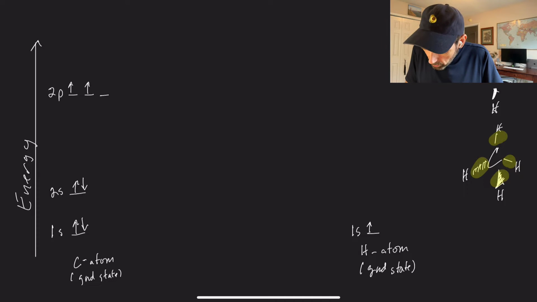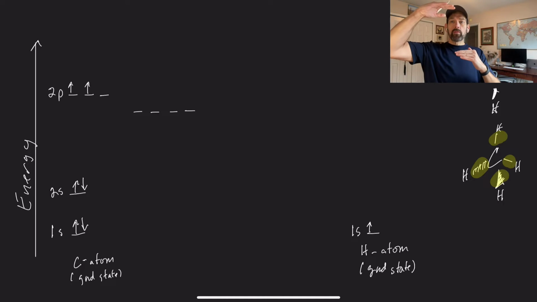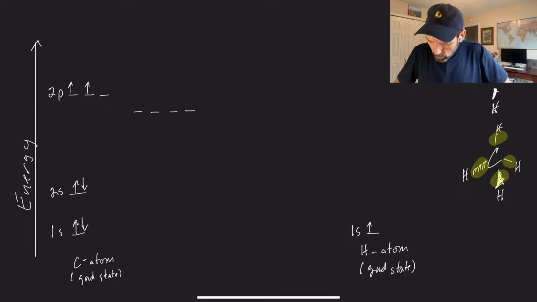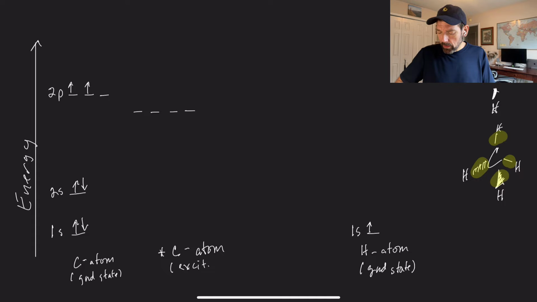So if we were to put 4 regions of space right here, and notice I'm coming down from where the p is, because some of the p's up here have come down a little bit, and this s has come up. So now we have what is called an energized, or excited state.